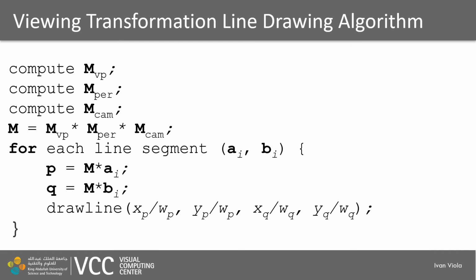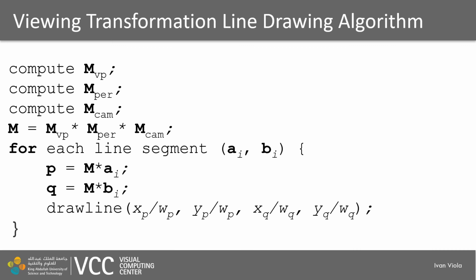And then our points, which define some lines in the space, and these lines define some higher level primitives such as triangles or other polygons, which define some objects, will be multiplied with this matrix M, post-multiplied as a column vector.